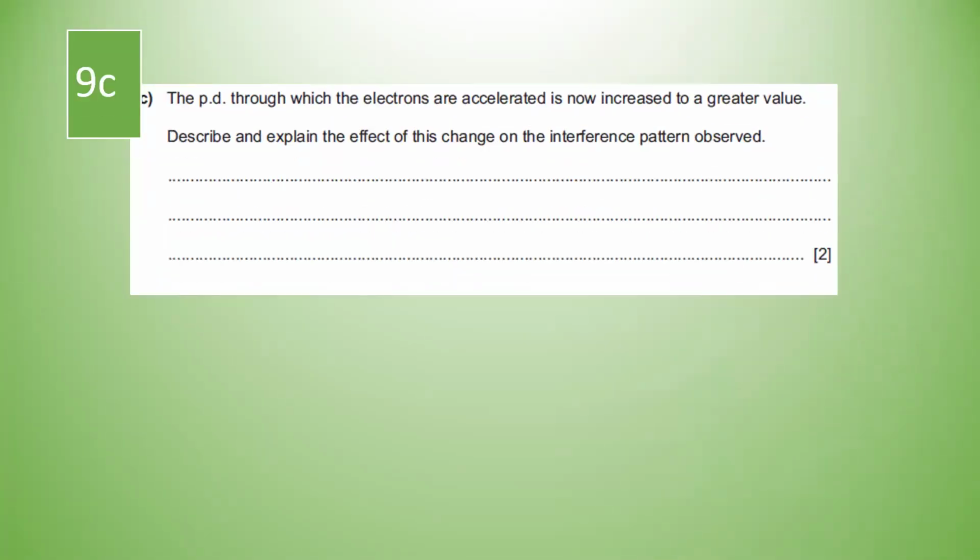The PD through which electrons are accelerated is now increased to a greater value. Describe and explain the effect of this change on the interference pattern observed. Electrons have greater momentum, the smaller the de Broglie wavelength, and the fringes.